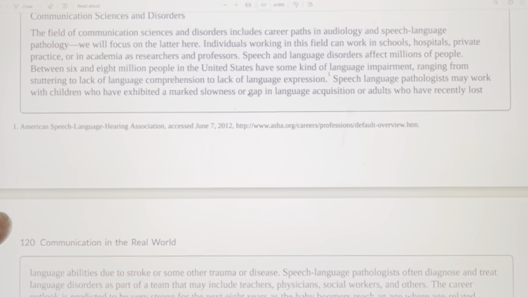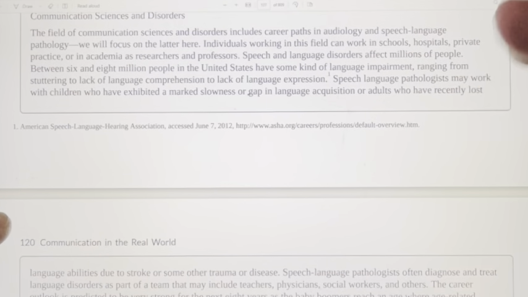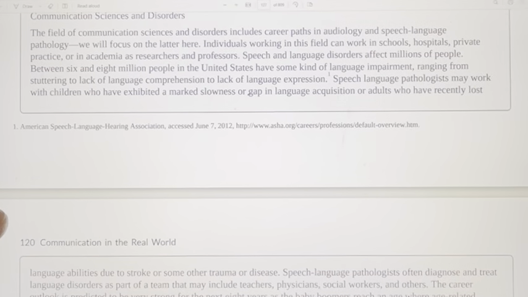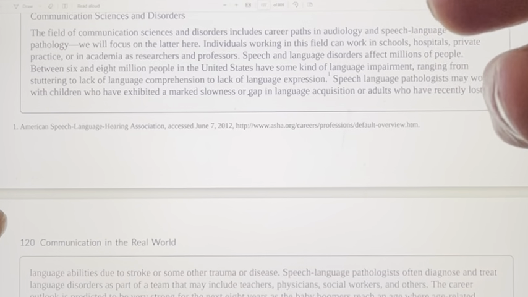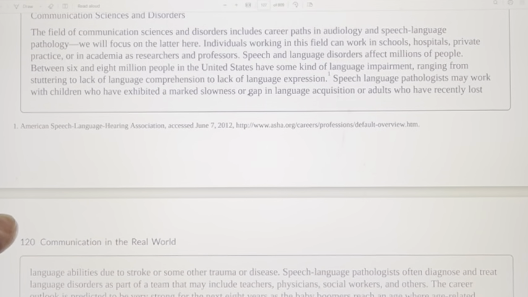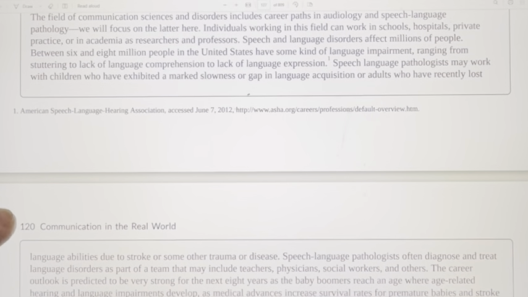So good hearing or quality hearing is critical to language development, but in the absence of being able to hear, or the absence of speech expression, you can still work around that and teach communication. We will focus on the latter here. Individuals working in this field can work in schools, hospitals, private practice, or in academia as researchers and professors.